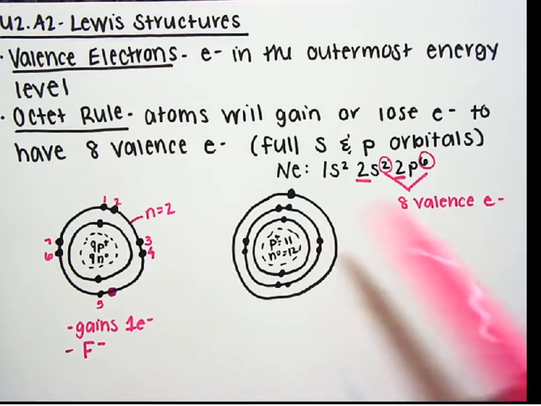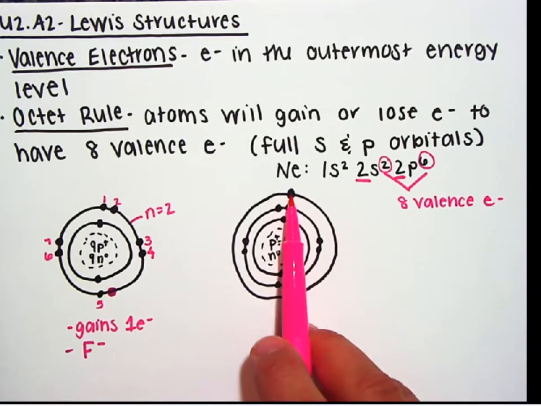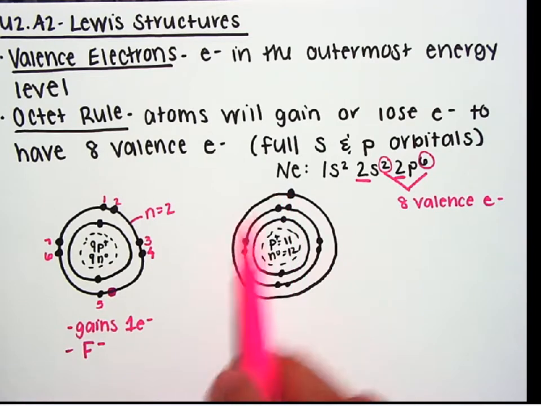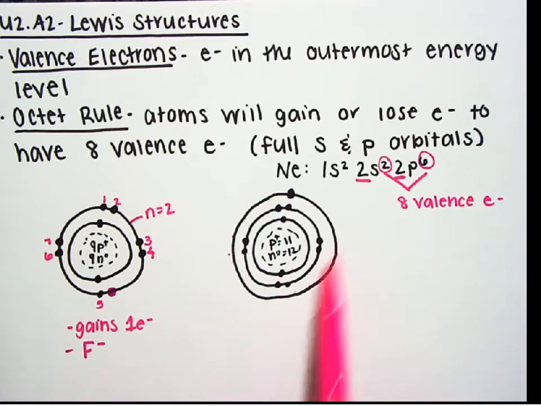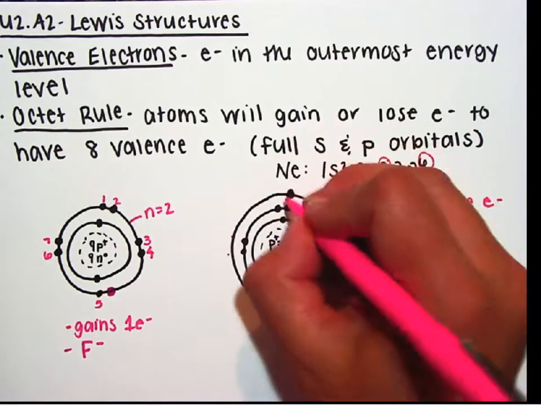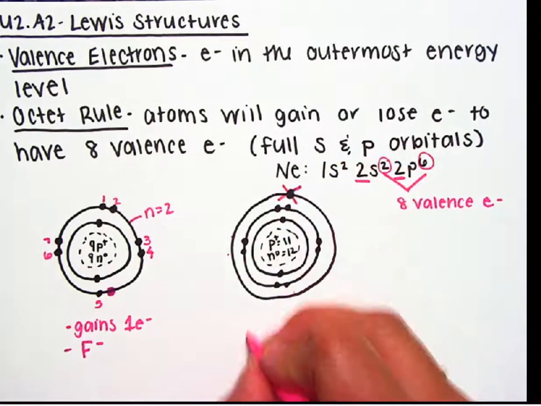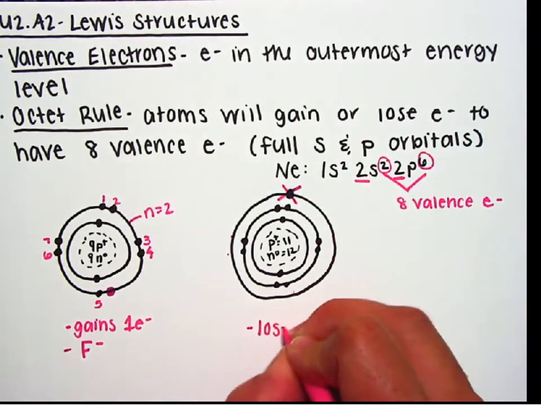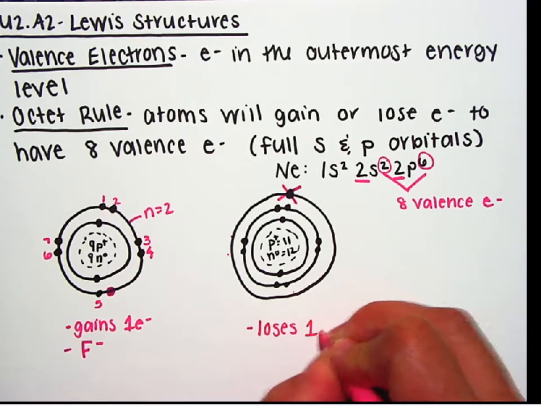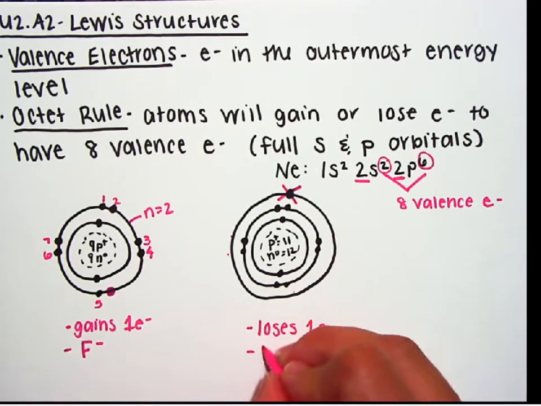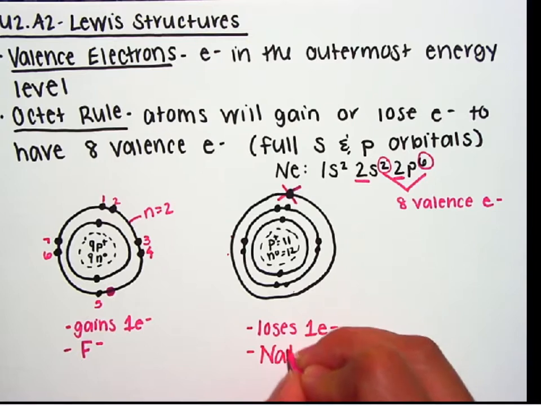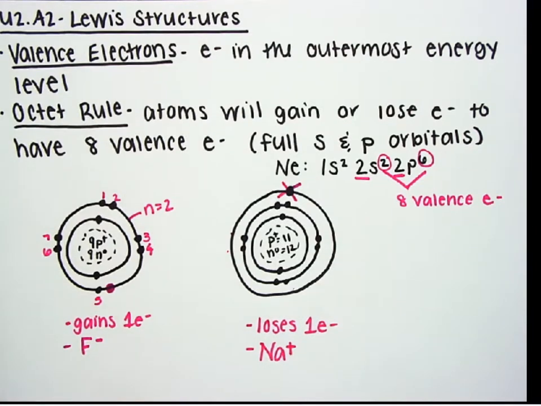So with sodium, it only has 1 valence electron. Again, valence electrons are in the outermost energy level. But it doesn't make sense for sodium to gain 7 electrons. That would take too much energy. So instead, sodium can lose an electron. Sodium loses 1 electron. If sodium loses 1 electron, its charge is going to be +1.